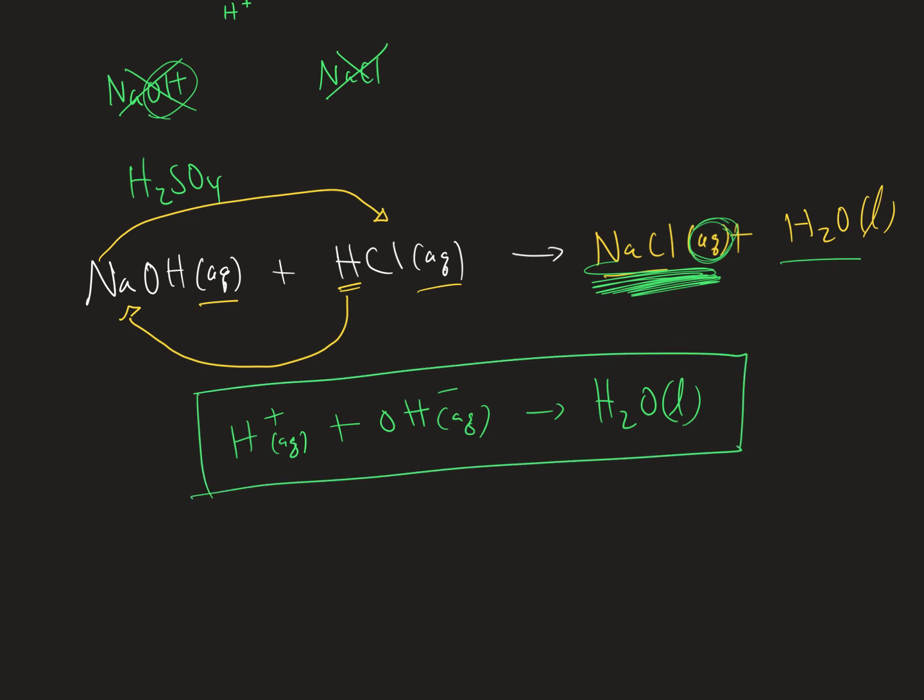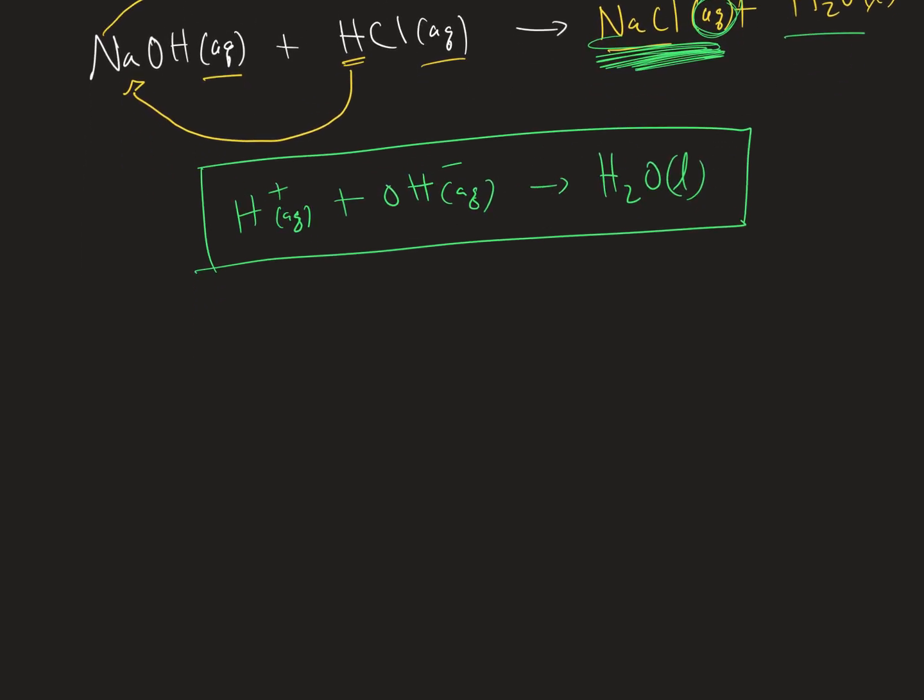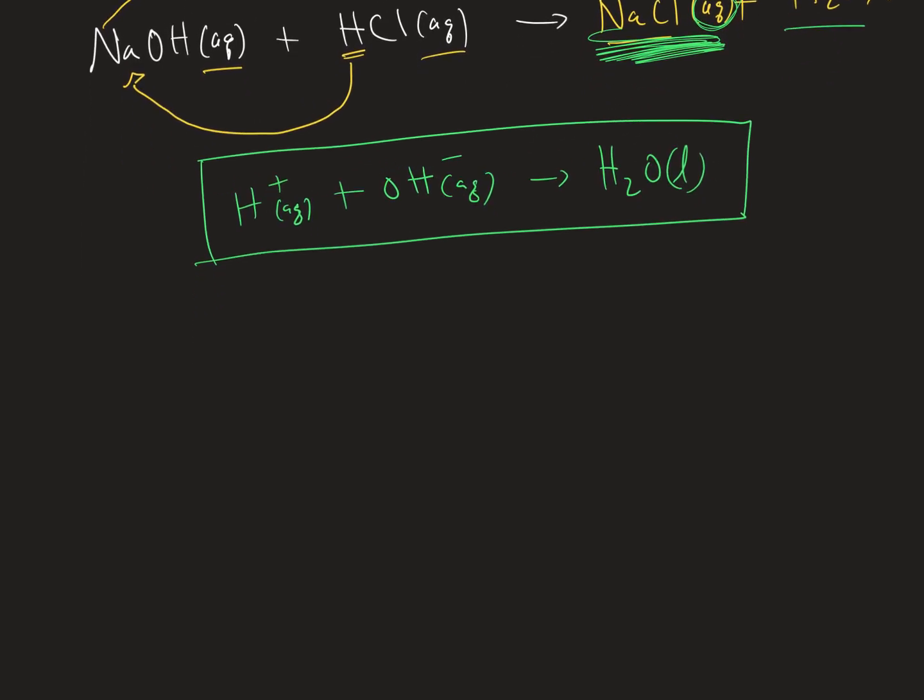Should we do another acid-base reaction? We still call that a net ionic equation. Yep, this is a net ionic equation. Get rid of the spectator ions. Sodium and chlorine are not really doing anything.